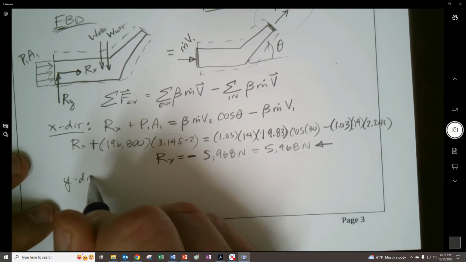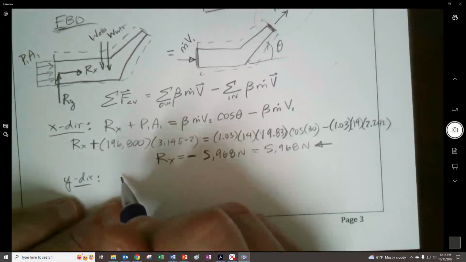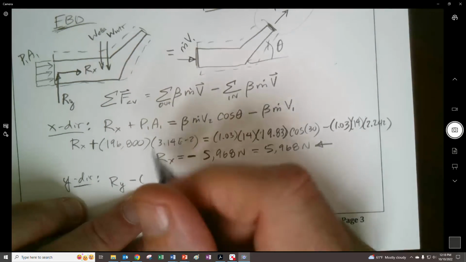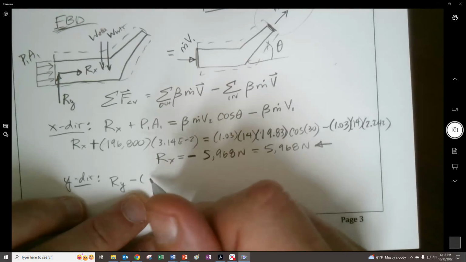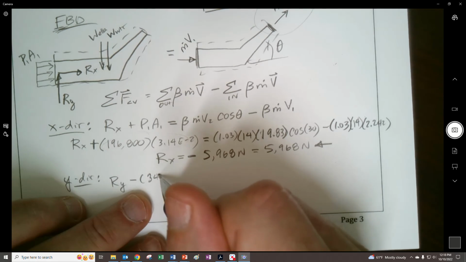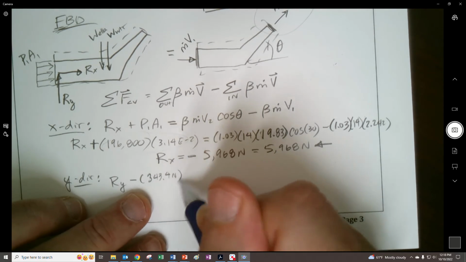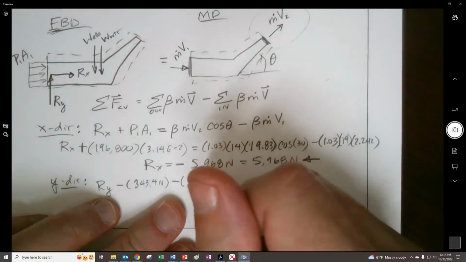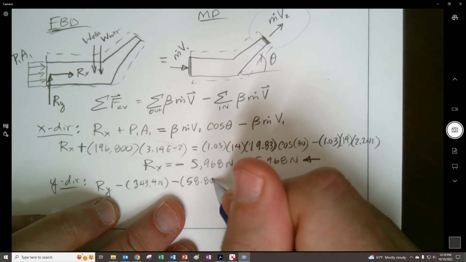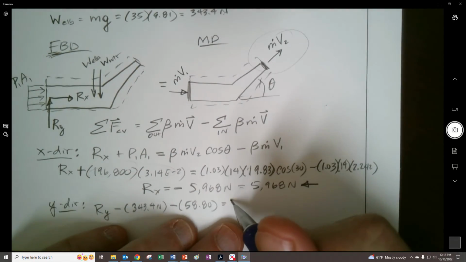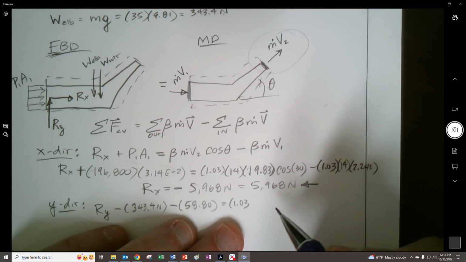And then the y direction, we're going to have Ry minus, I'm not going to do the symbols here. I'll put the values in here because I'm tired. We'll go the elbow first. 343.4 newtons we got from up above. We also have downwards 58.80. That's the weight of the water inside. And then we have 1.03.